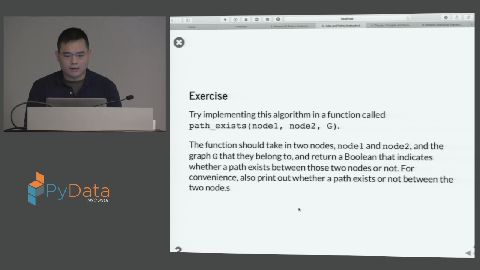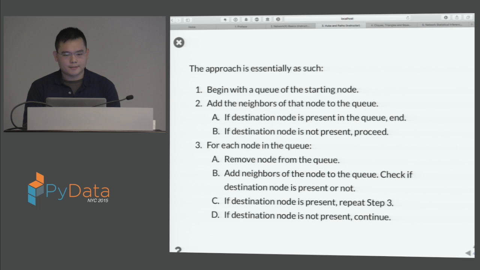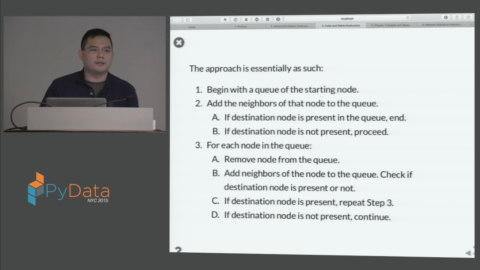I'm going to put back up, not the exercise prompt, but the pseudocode that you might need on the screen, just in case it's a little too far up while you're writing your code.